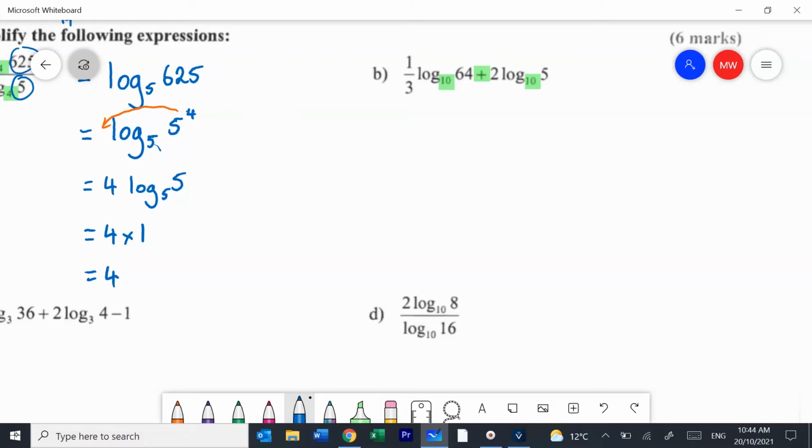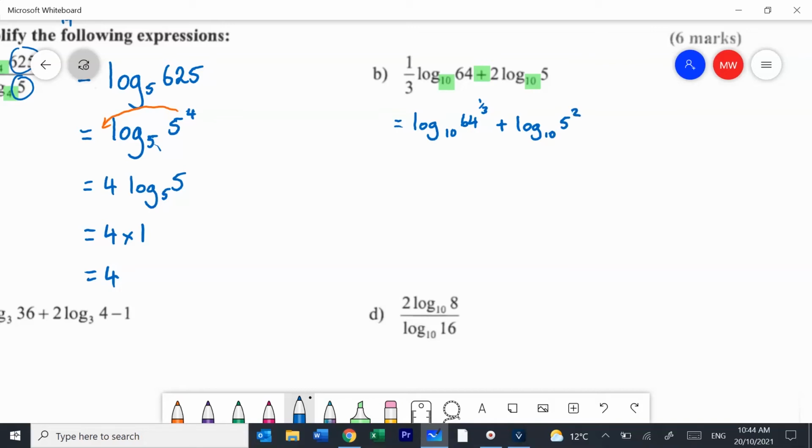So with these ones, we can rewrite this so that we've got log 10 64 to the third, okay, and remember that's really the cubic root of 64, just written in a different way. And then we've got log 10 5 squared.